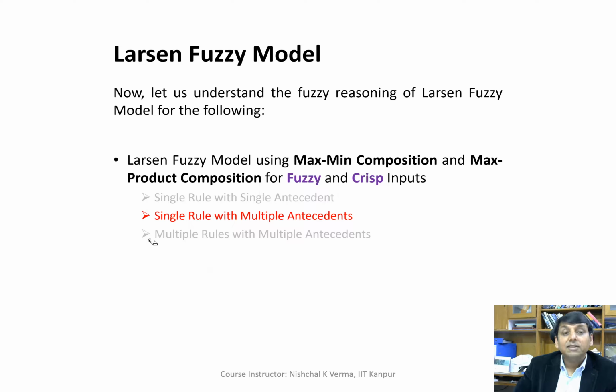Now, coming to the second case of the Larsen fuzzy model. In this second case, we have a model which is defined by a single rule, only one rule, with multiple antecedents.